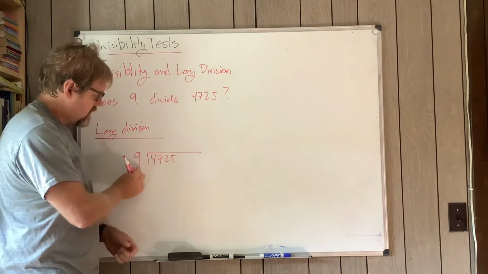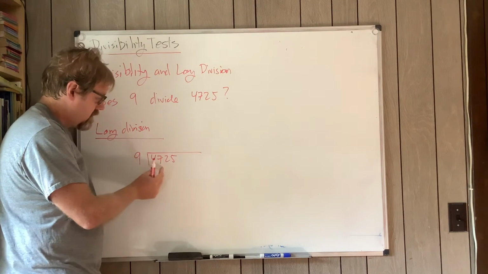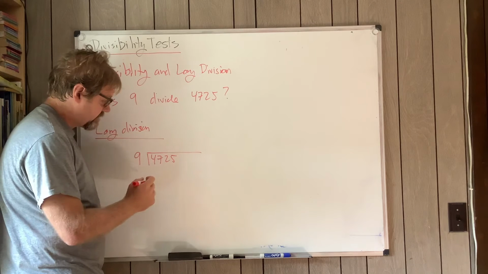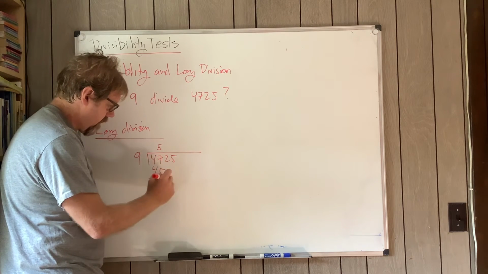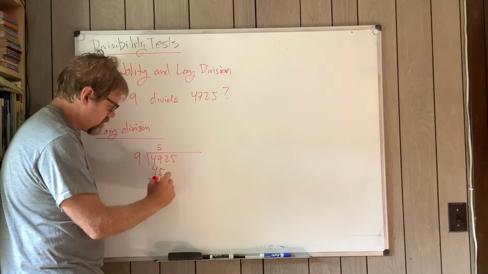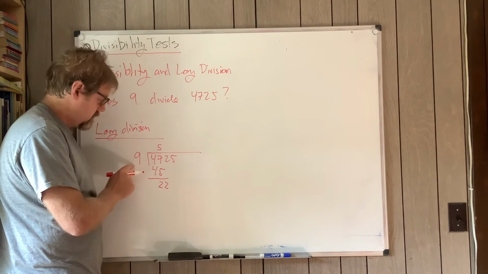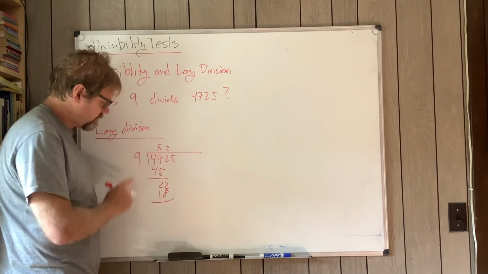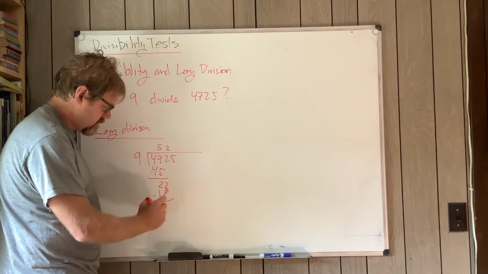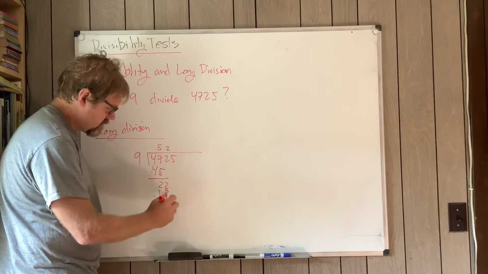Again, 9 doesn't go into 4. It can go into 47 though, 5 times. 2 left over, 2 down. 9 into 22 goes twice, 18. 4 left over.